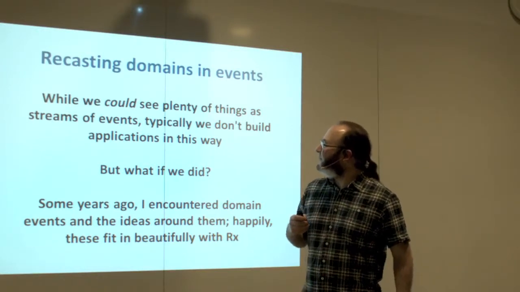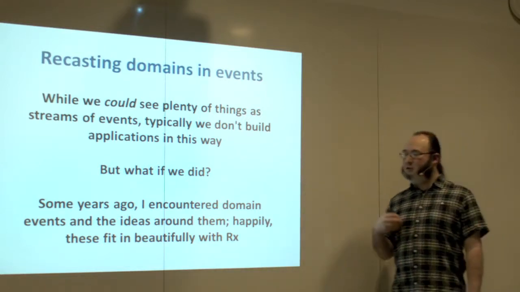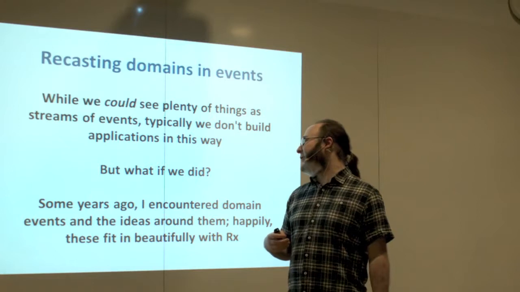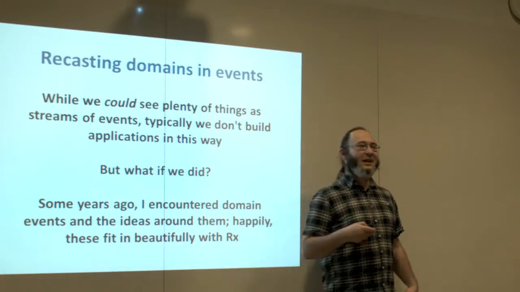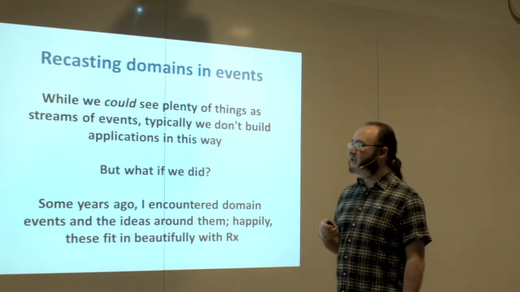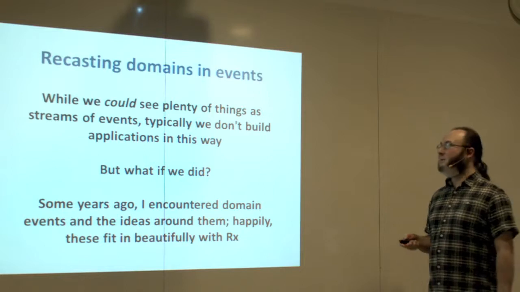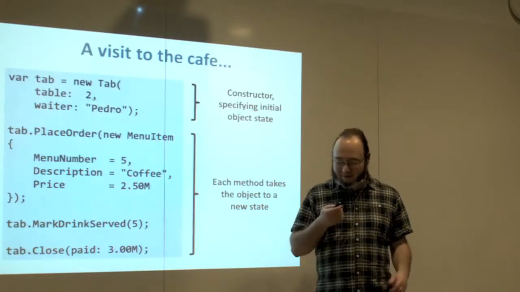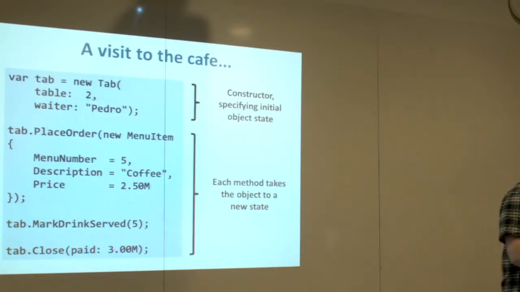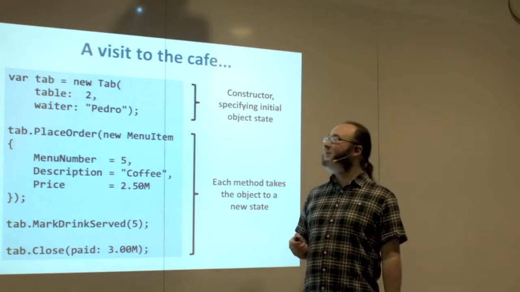So one of the things that I discovered about writing just normal business applications over the last years is that you can actually recast pretty much most domains in terms of a stream of events. And just to talk about this a little bit and show you how you get there, let's look at a very boring little business object here.